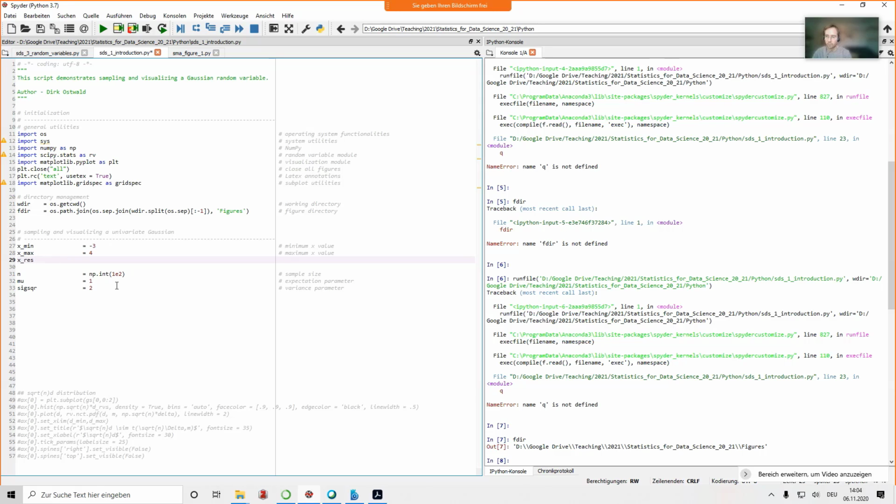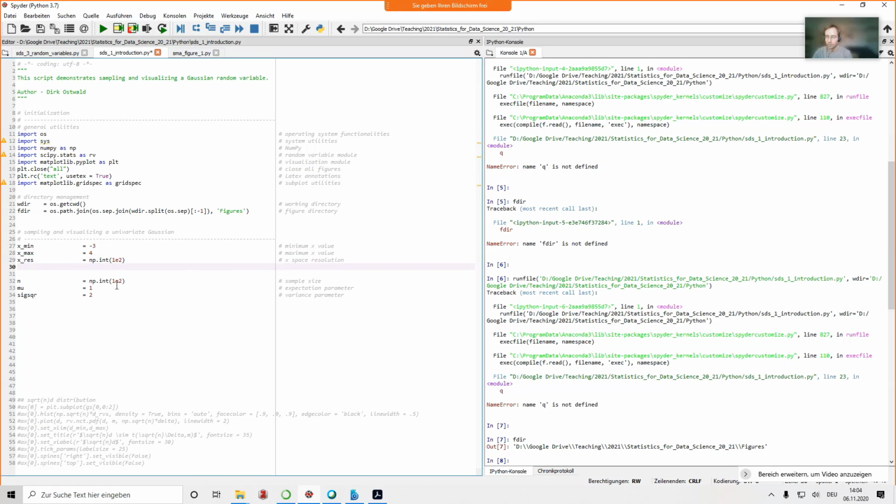And a resolution of our space, let's use 200 at this point, 100, sorry. And then let's create our space here. That's our random variable outcome space.